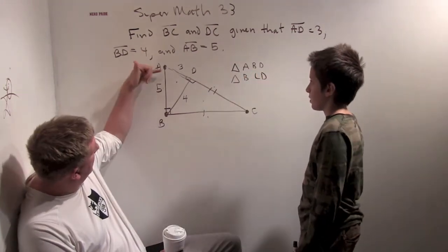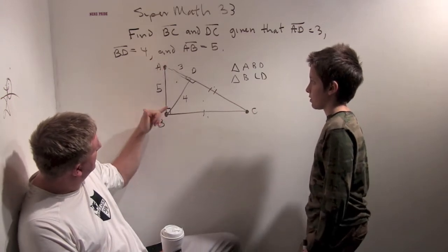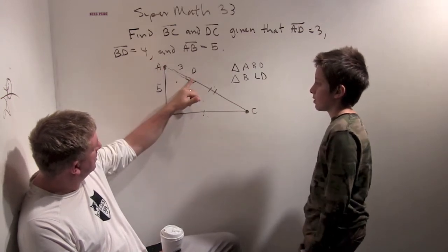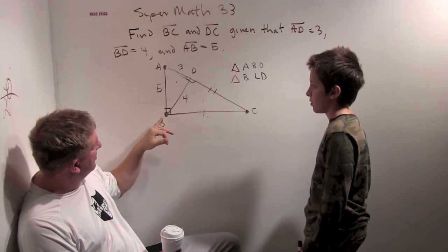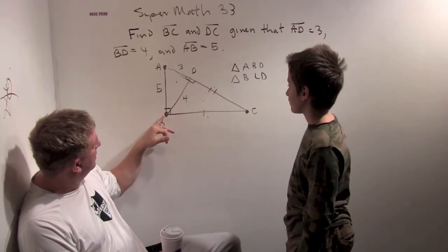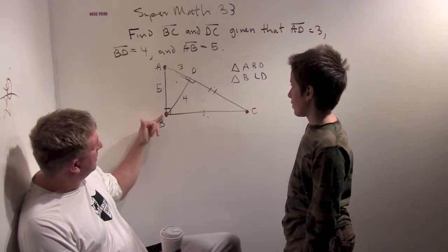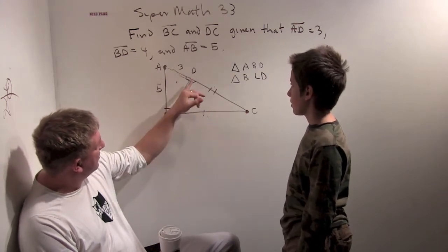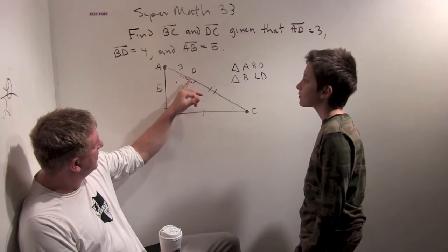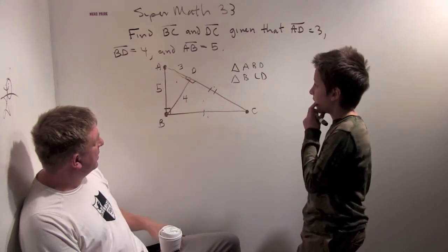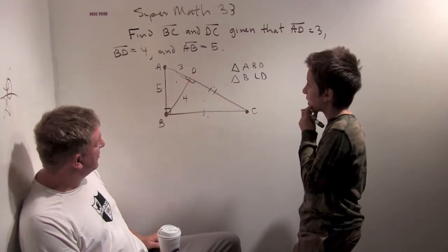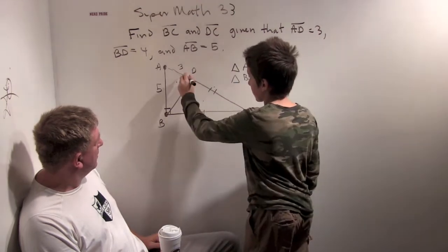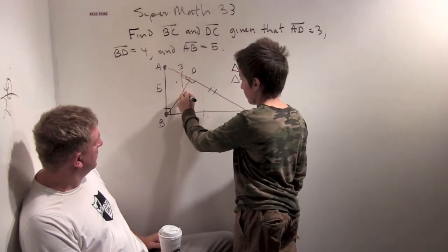Alright, so triangle ABD might be similar to BCD. So D is the 90-degree angle in each one. Yeah. Okay, and therefore what sides correspond to each other? So I was thinking the 3 corresponds to the 4.